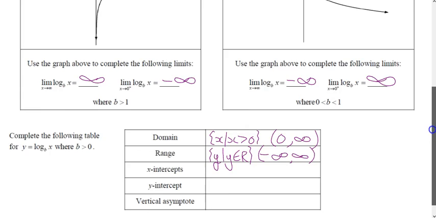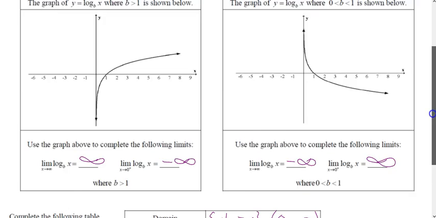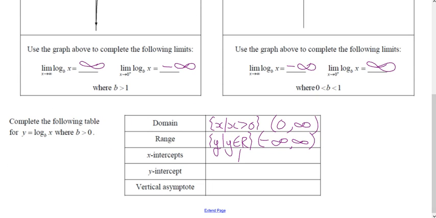Is there one? The y-intercept. And because the exponential had a horizontal asymptote, and this is an inverse, it has a vertical asymptote, which is x equals 0. We're just one page ahead.